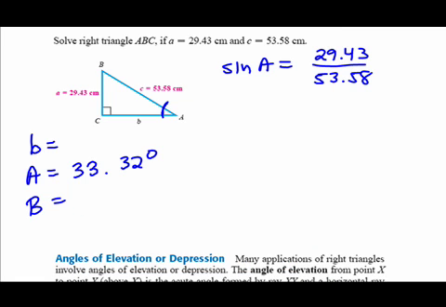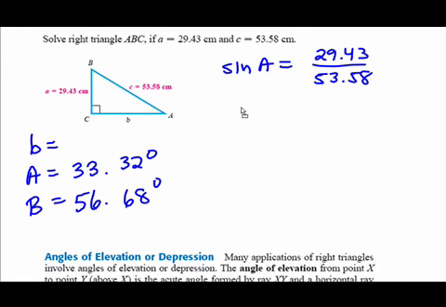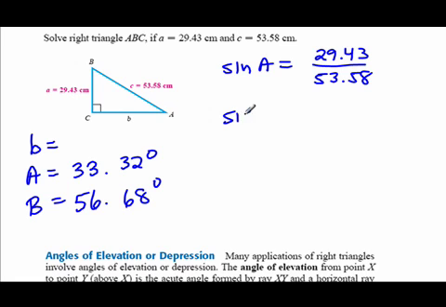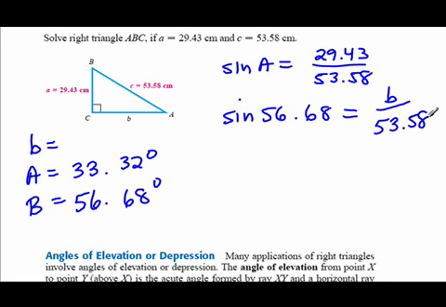56.68. Only thing left to do now is find, excuse me, side B. Again, you have all kinds of choices. Now that you have these two angles, we can say that the sine of B, which we now know, the sine of 56.68 equals little b, which is what we're after, over hypotenuse 53.58. So we cross multiply again.